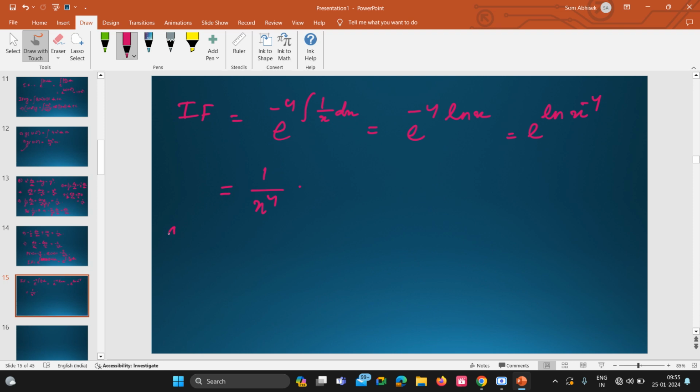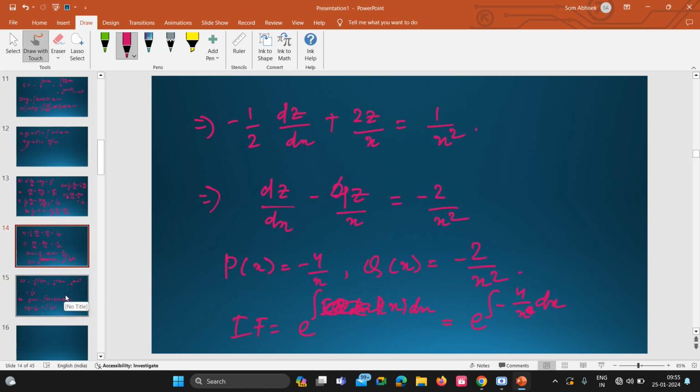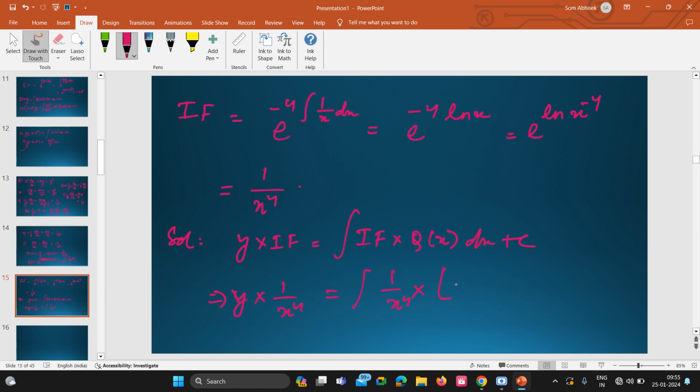So what is the solution of the differential equation? y into the integrating factor is equal to the integration of the integrating factor into Qx dx plus c. So y into 1 by x fourth is equal to the integral of 1 by x fourth into Qx, which is minus 2 by x square, dx plus c.